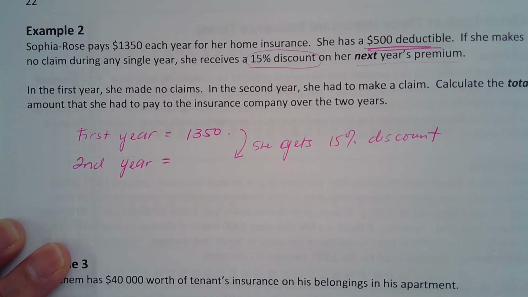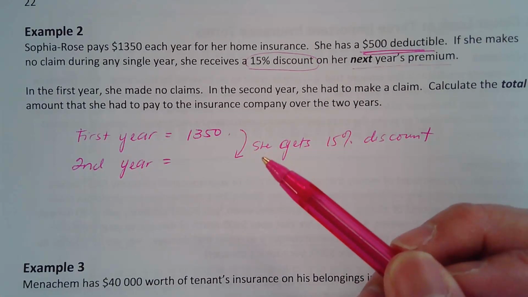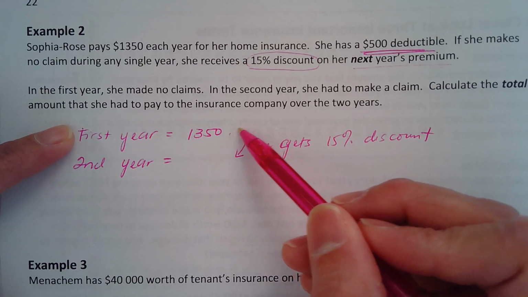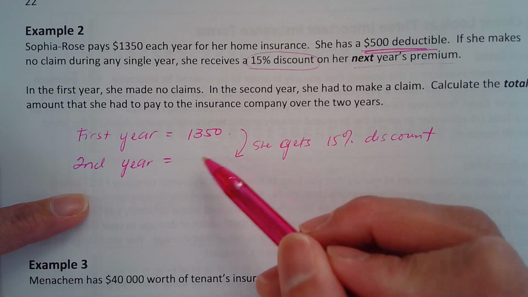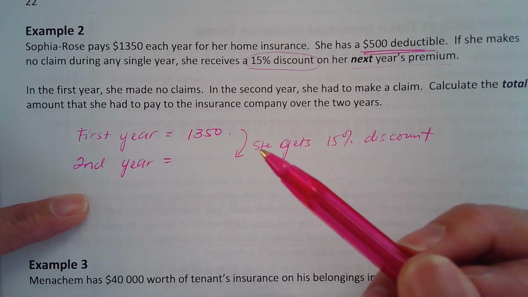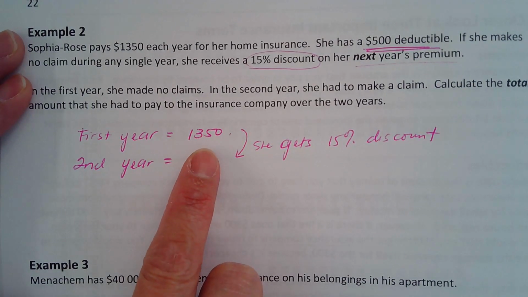Okay, so the discount is for the following year, for the next year. So she is claims free here. That means she gets a discount the following year. Okay, so how much is the discount? 15% off, right? So, how much is 15% off?